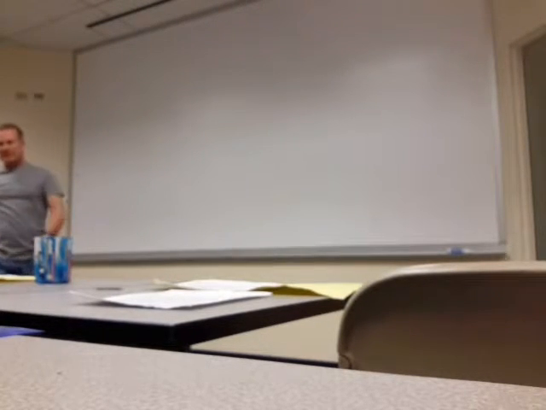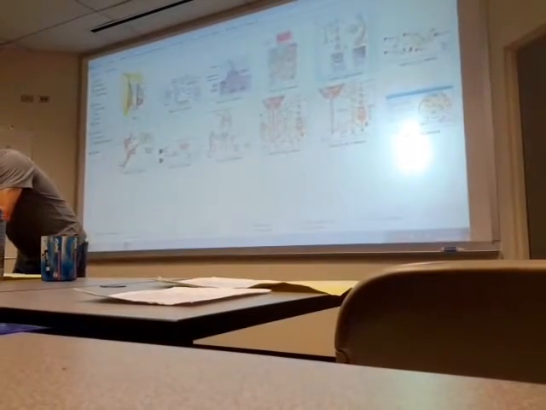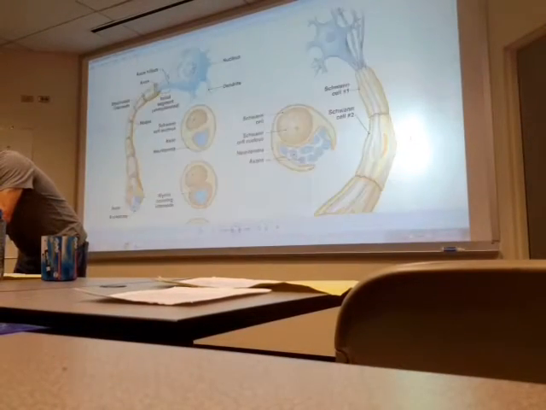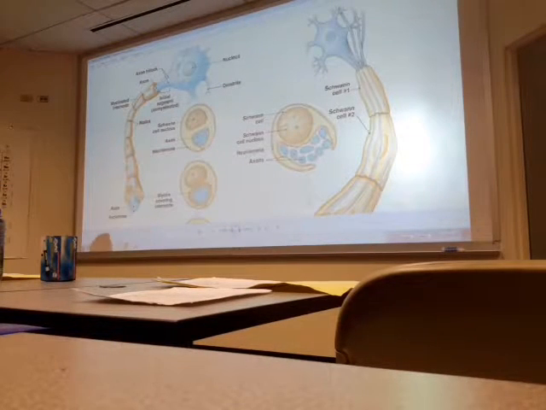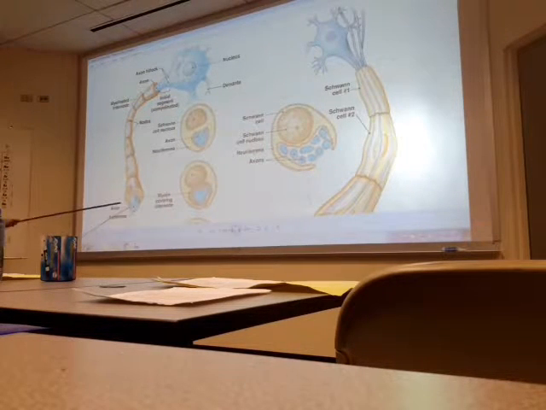All right, our next couple of terms, concepts, ideas, letters C and D, cable properties and saltatory conduction. So to talk about that, we need to go back to a picture. Either one of these will do, but I guess the one on the left is a little better. So remember that the nerve cell process is myelinated.